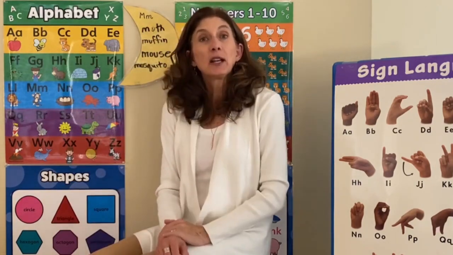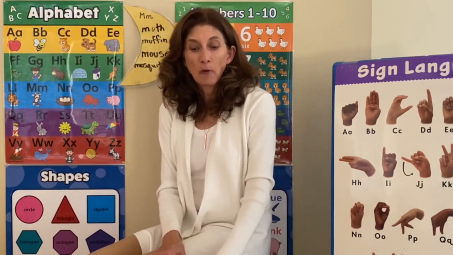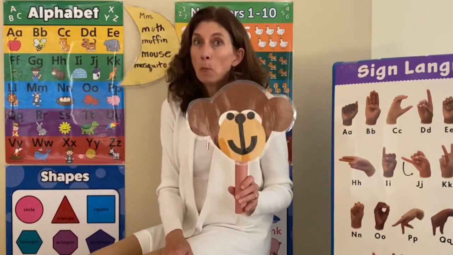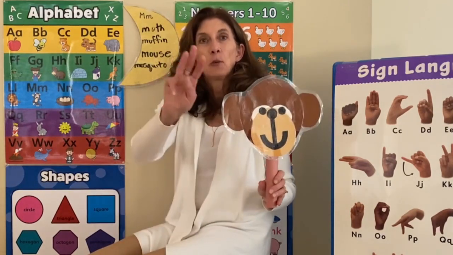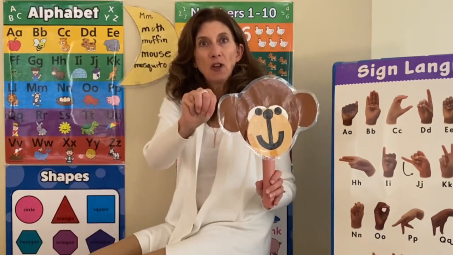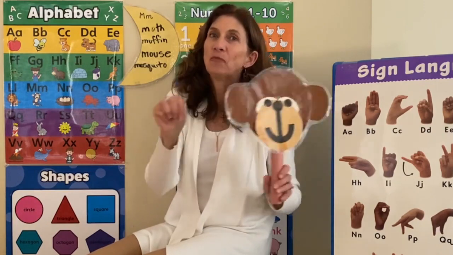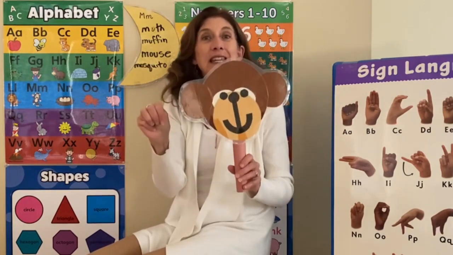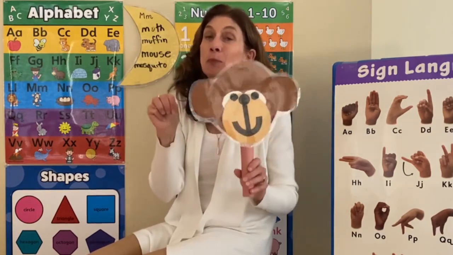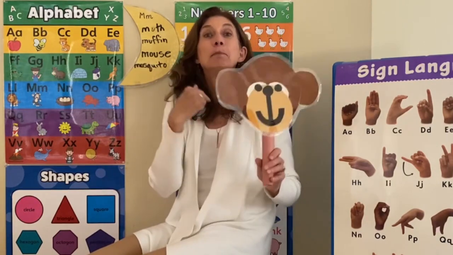Now, let's practice our cheer one more time, all right? This is Mo monkey. 3 fingers go over your thumb, and her cheer goes M, for Mo monkey. Mittens, marbles, magic me.